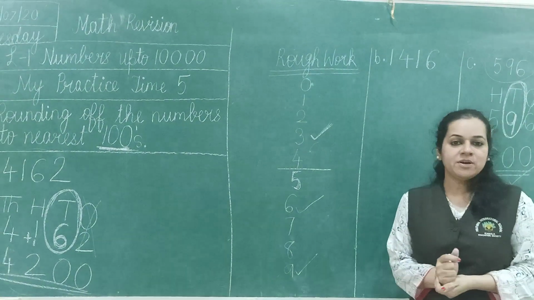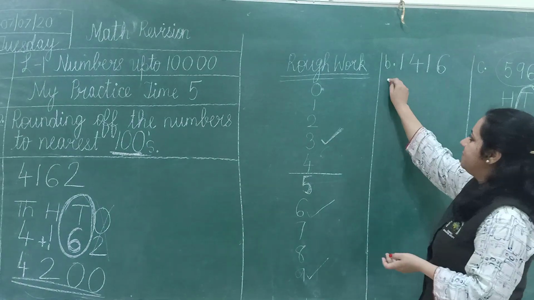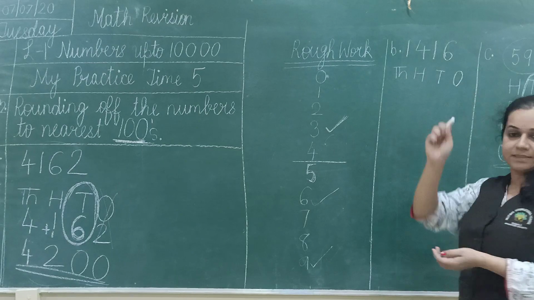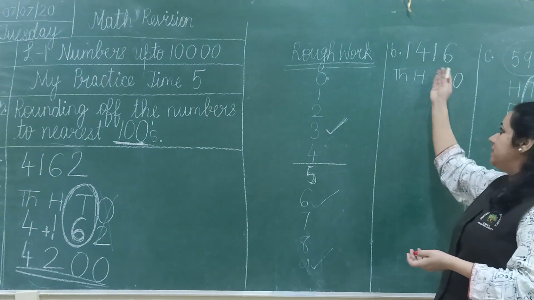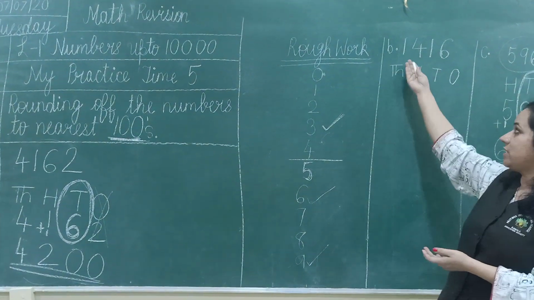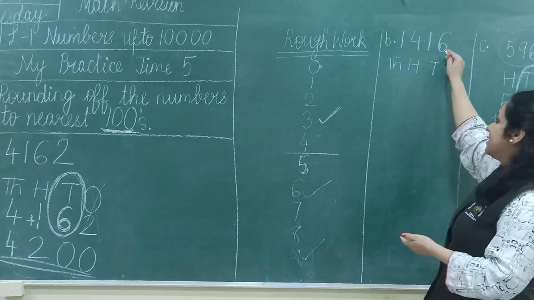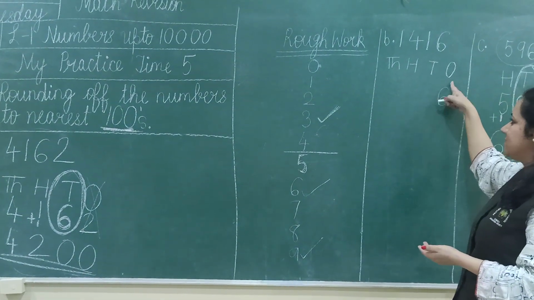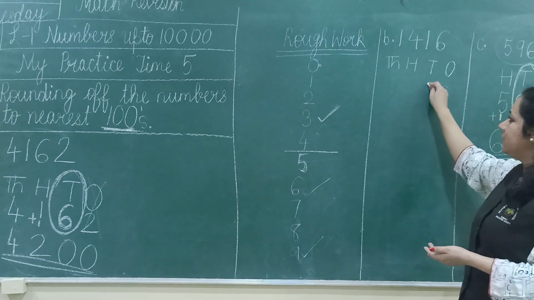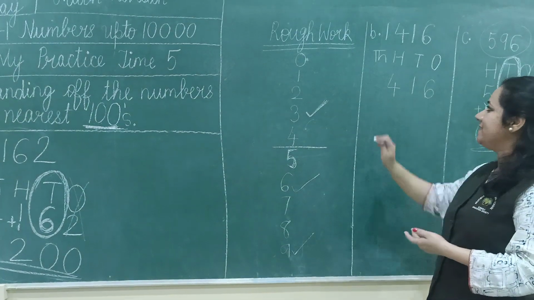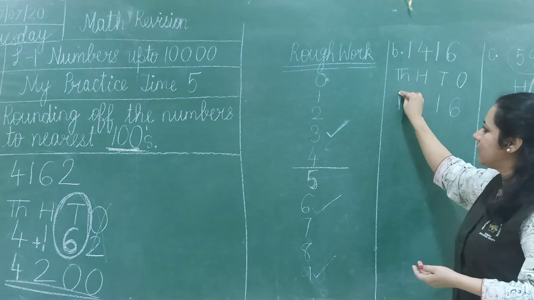First we will write which number is coming under which place. Now there are 4 digits, so thousands will also come. 6 is under the ones place, 1 is under the tens place, 4 is under the hundreds place, and 1 is under the thousands place.